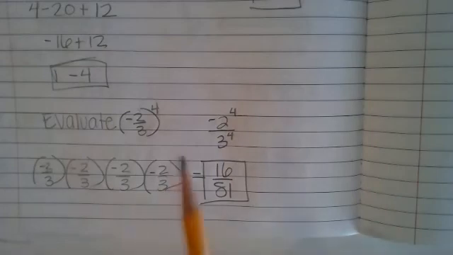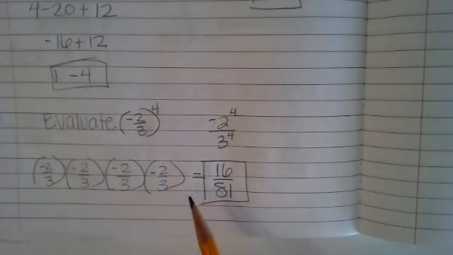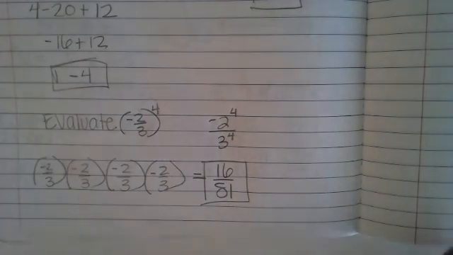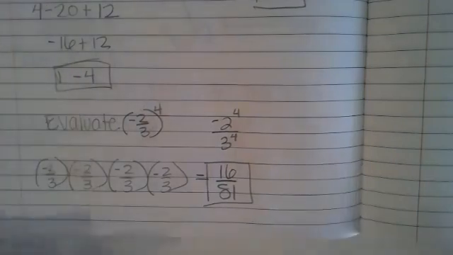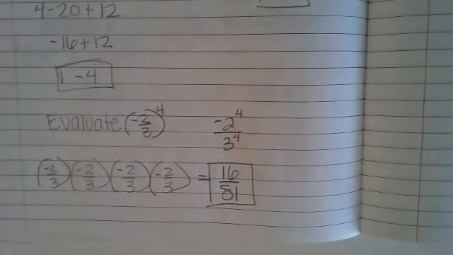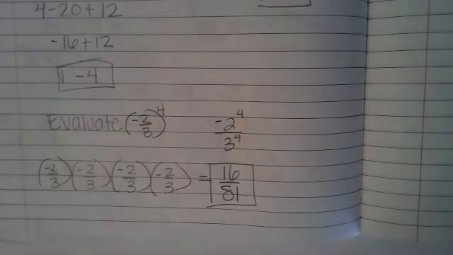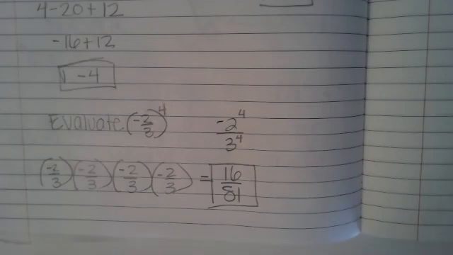So just a reminder, you can always write it out in expanded form in order to help you visualize what's happening. Okay, so that's our quick recap of exponents. Today we're going to be working on just order of operations to practice our skills.